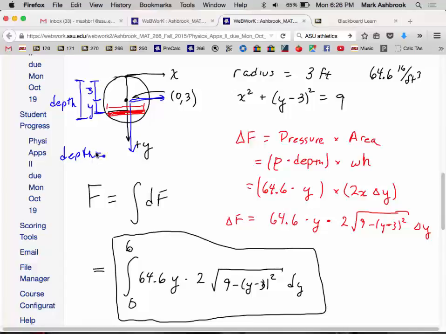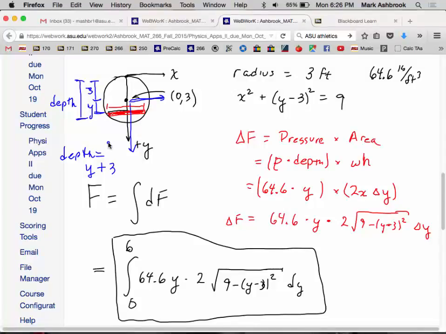You see it? In this case, we're making positive y down like that, and then you'd integrate from -3 to 3, and your depth would be y plus 3.